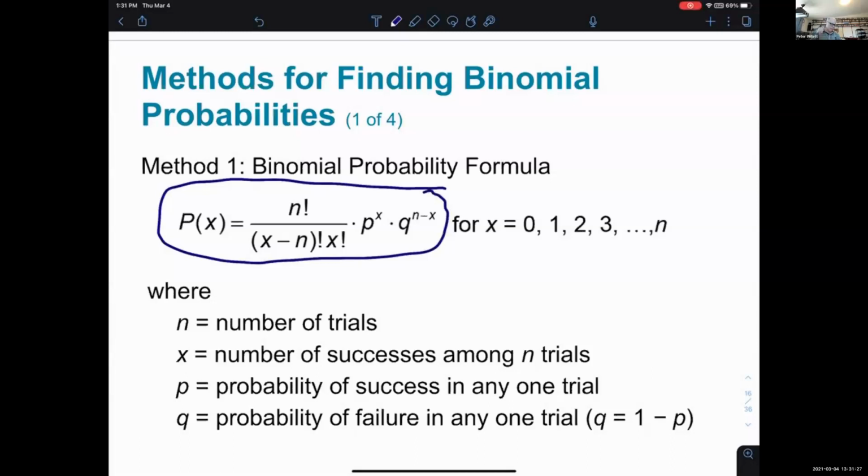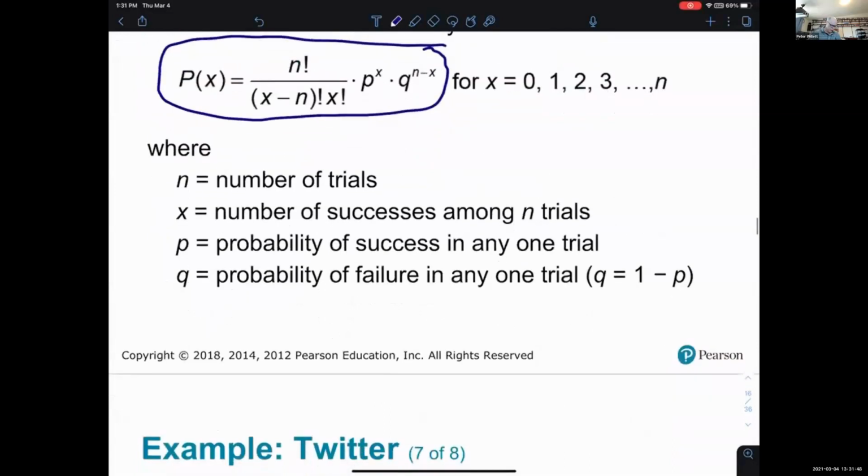If you have a binomial probability distribution, then this formula allows you to determine what the chance of getting X successes out of your N trials might be. You can determine each of those probabilities, but we're going to use the StatCrunch calculator for that.